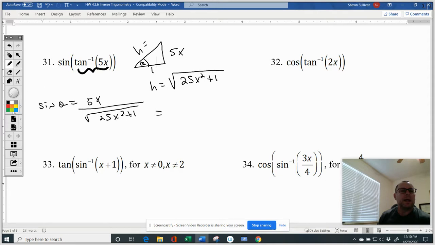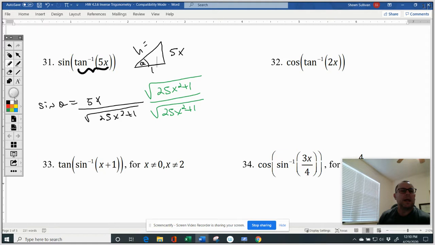We can rationalize the denominator by multiplying the top and the bottom by the denominator. So if I multiply the top and the bottom, this becomes the square root of 25x squared plus 1, and on the bottom, it's also the square root of 25x squared plus 1.